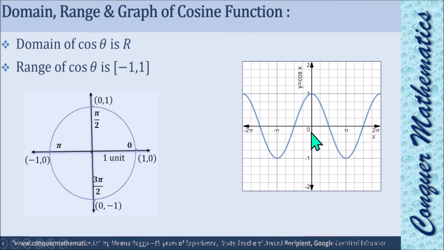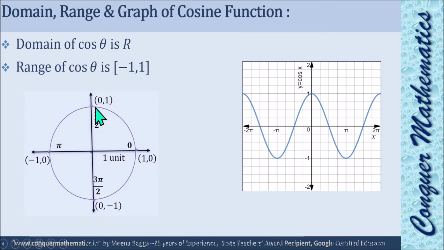Either you can take some values from the table, you already remember 0 degree, 30 degree, 45, or use allied angles, or you just recall from this unit circle. Here it is 0 angle and here it is pi by 2, right? Cos theta is changing its value from 1 to 0.